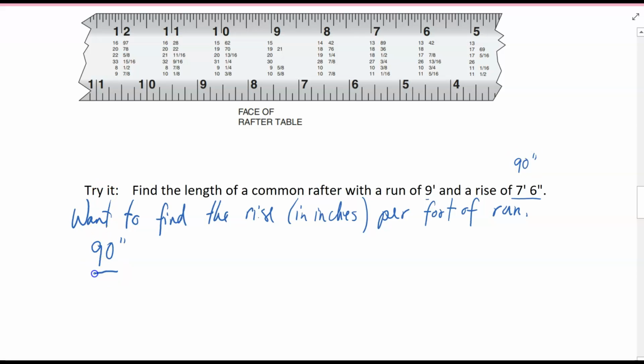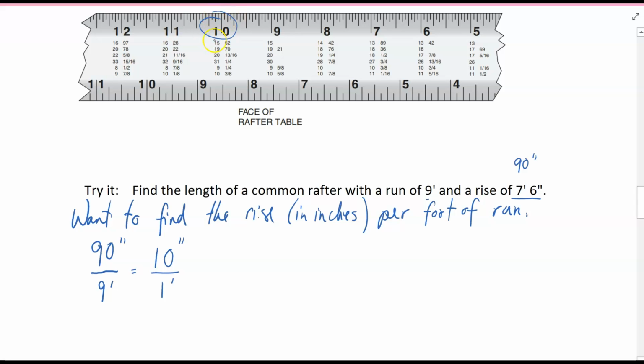And that is over 9 feet, right? 90-inch rise per 9 foot of run. And so that turns out to be a 10-inch rise over 1 foot of run. And we need it per 1 foot so that we can go and use the table on the framing square.